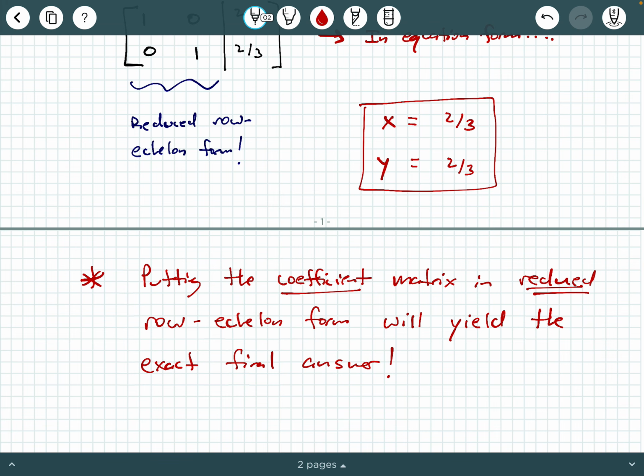So that's the beauty of reduced row echelon form. So that's going to be the end of this video. We'll do a couple more example videos on this topic right after this one.